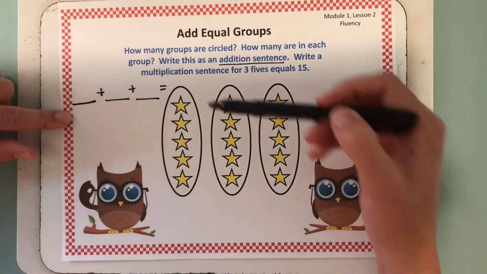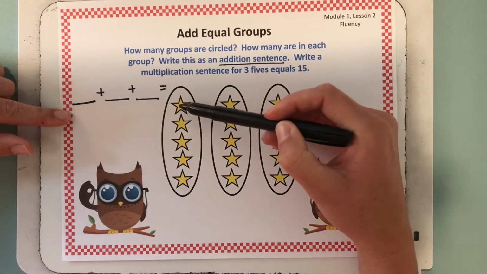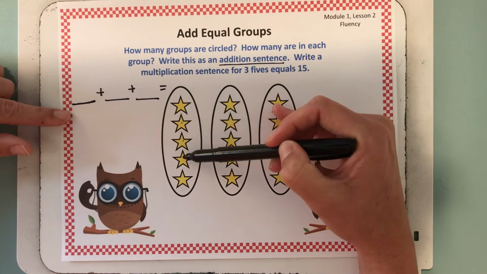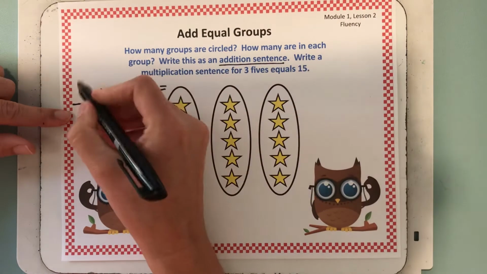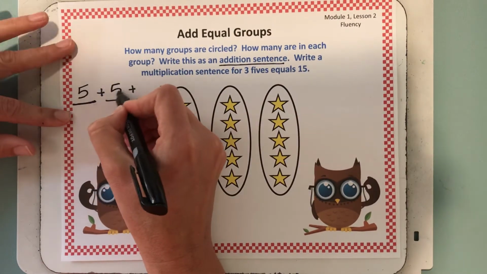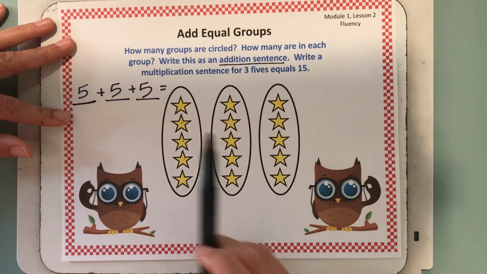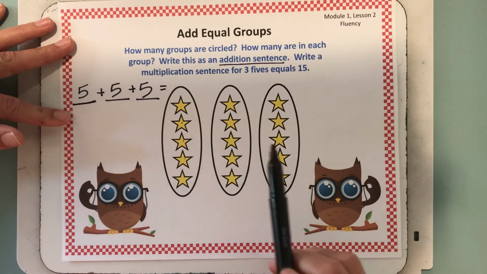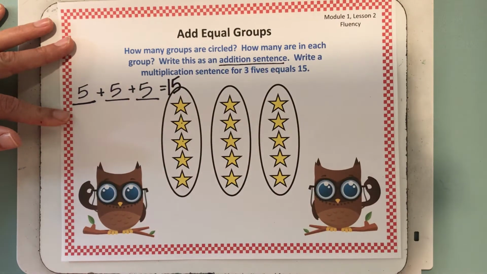And now I'm going to look at how many stars are in each group. And I see that I have 1, 2, 3, 4, 5 stars in each group. So I'm going to put 5, 5, 5. And now I'm going to skip. I know my 5s by skip counting. So I'm going to say 5, 10, 15. So I know my total is 15.